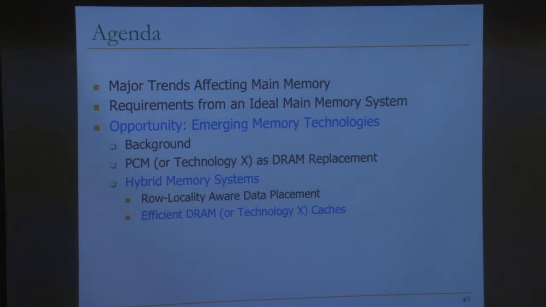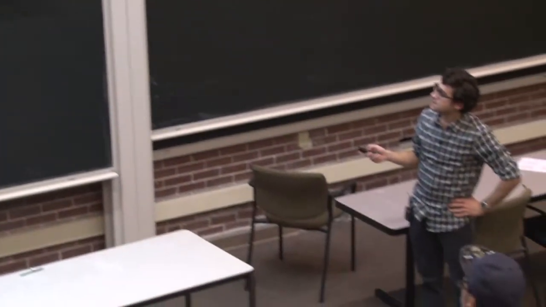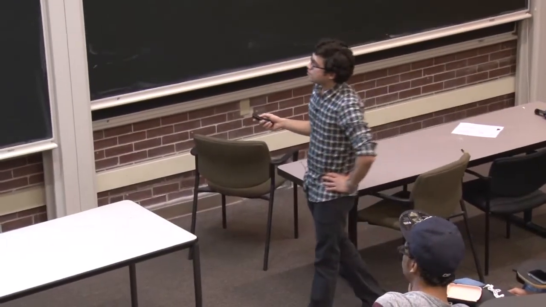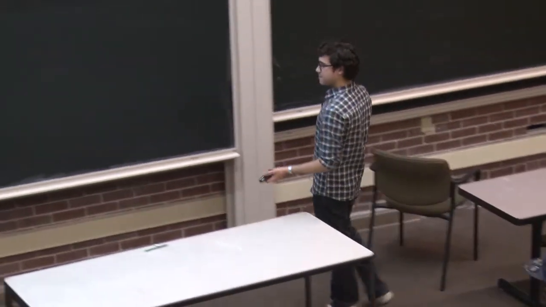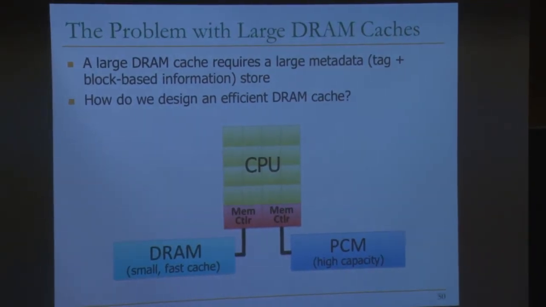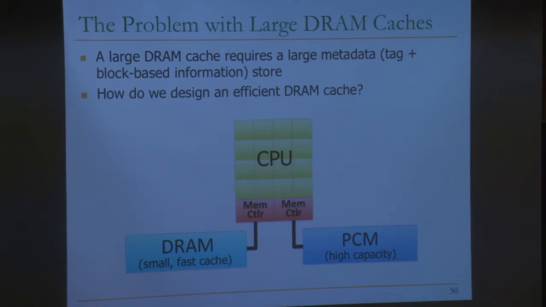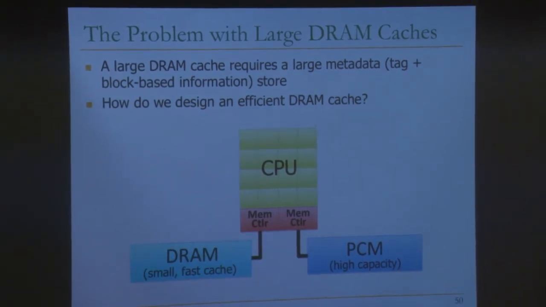Let's look at one final technique that we can use to leverage non-volatile memories, and then we'll get out of here. OK, so we just talked about a system that used a large DRAM cache to cache PCM data. What we didn't talk about, and what I sidestepped over, is the fact that we're using this DRAM as a cache. And what does a cache need in order to locate its data?